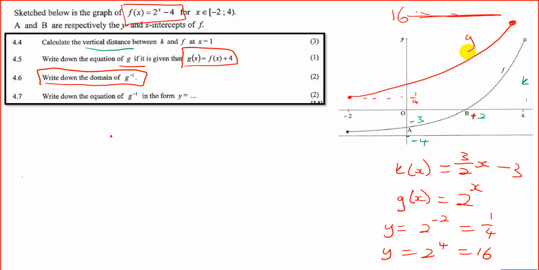Now that is important for the next question, because the question in 4.6 is saying write down the domain of G to the minus 1. So the domain of G to the minus 1 is equal to the range of G. So if we look at the range of G, we have y is the element, and as you can see the graph, from 1/4 to 16, and that's including.